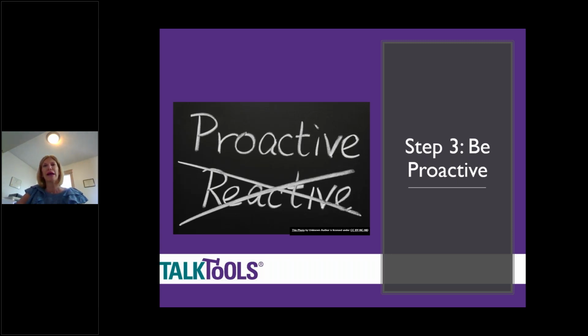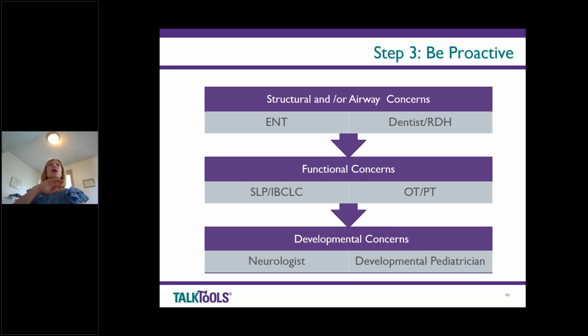So how can we be proactive? First is by making the appropriate referrals. So if we see any structural or airway concerns, we have 2 routes that we can go. We can go to the ENT, and you want to make sure it's a pediatric ENT that is well versed in the connection between tethered oral tissue or airway complications in babies.